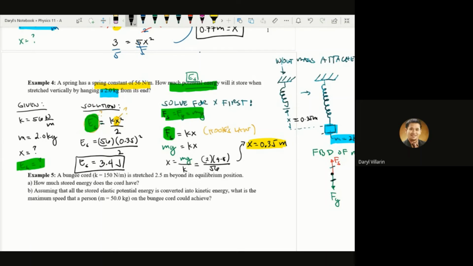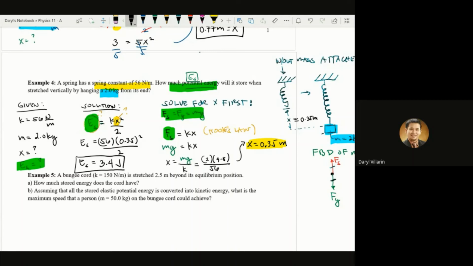In this case, you need to solve first for x. It's a good thing to see the given and then start with your solution. Whatever is being asked in the question, you always start with the equation that will solve that particular unknown.